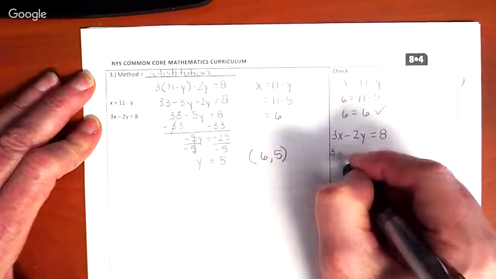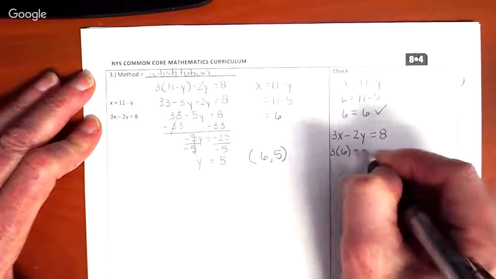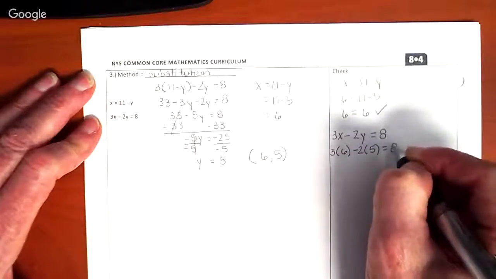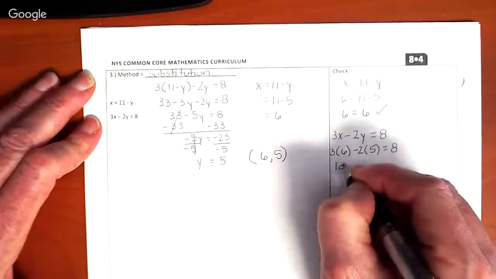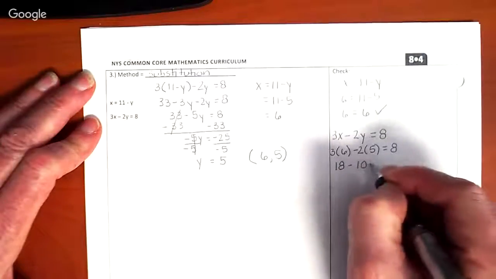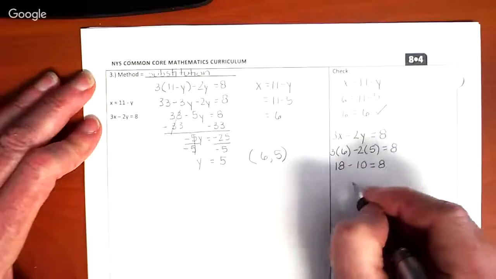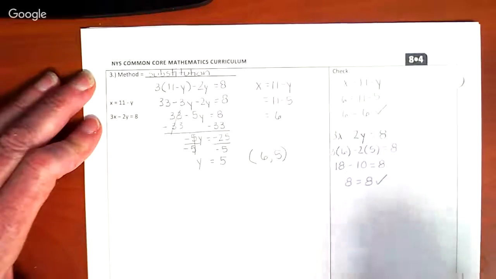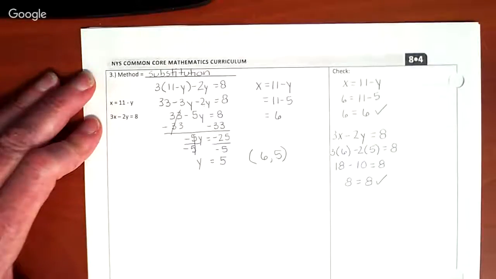Now I have 3 times 6 minus 2 times 5 equals 8. We have 18 minus 10 equals 8, and 8 equals 8. So it checks.